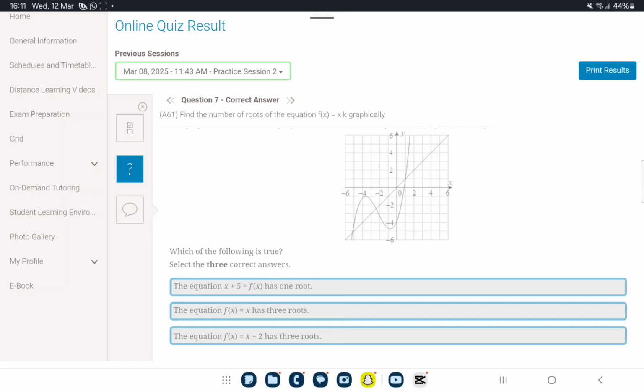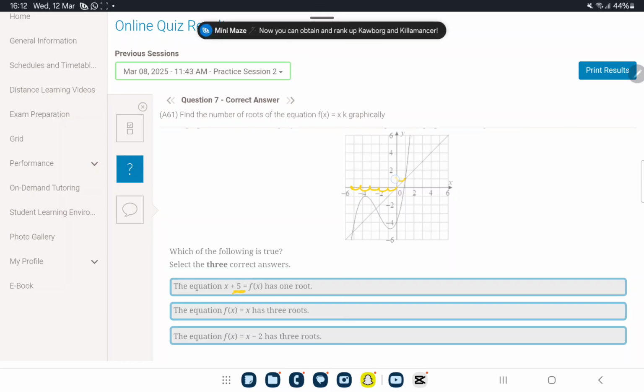The equation x plus 5 equals f of x has 1 root. You move this line 5 units to the left because they said plus 5. So 1, 2, 3, 4, 5 here, and move another point 1, 2, 3, 4, 5. So here.